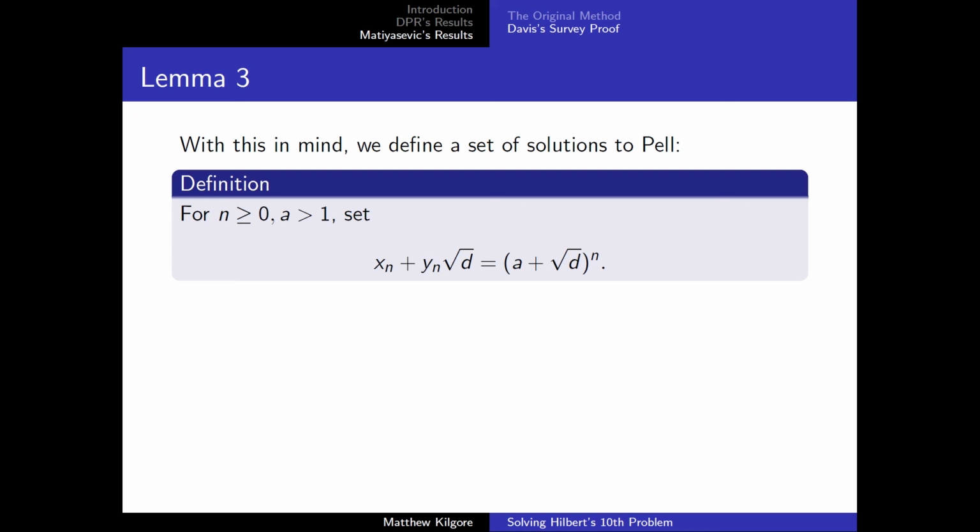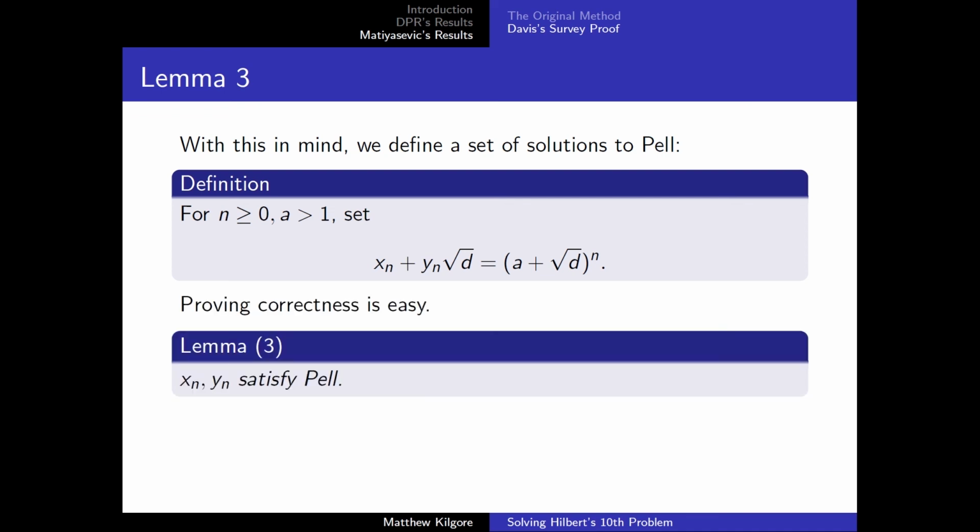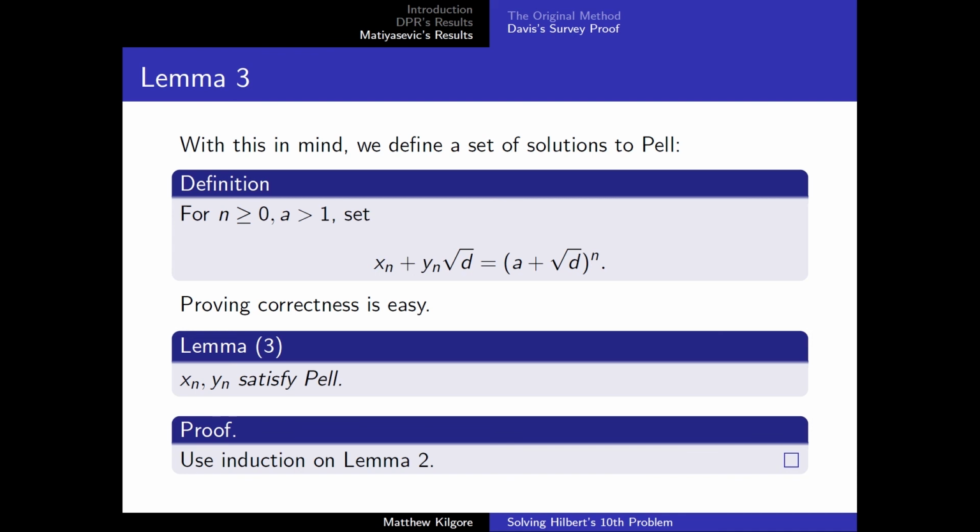This is a notation that Hilbert uses sparingly, so we simplify it here, as he himself usually does. Correctness, in fact, is very easy to see: x_n and y_n satisfy Pell by induction and lemma 2.